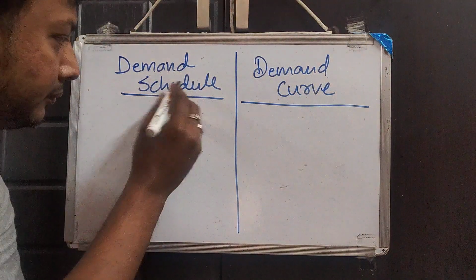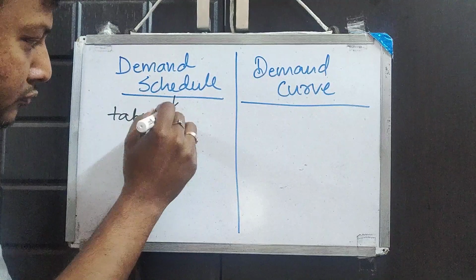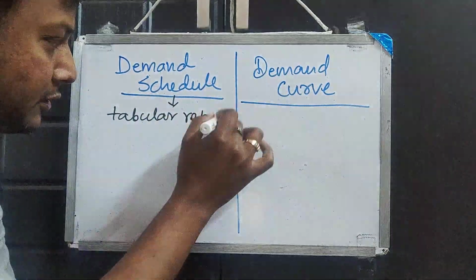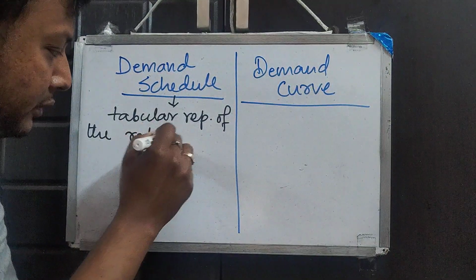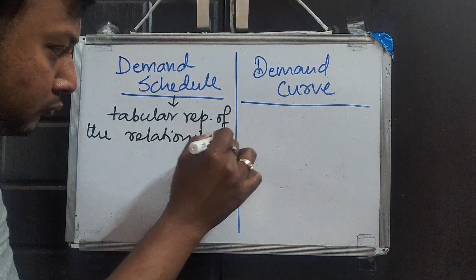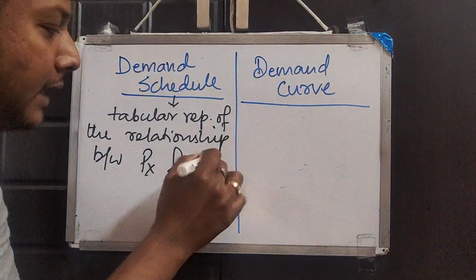It is the tabular representation of the relationship between price of the commodity and the demand for the commodity.